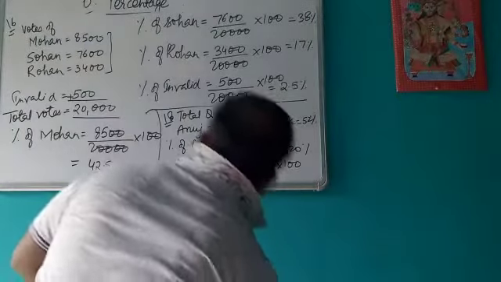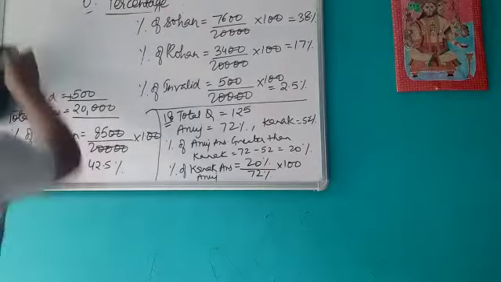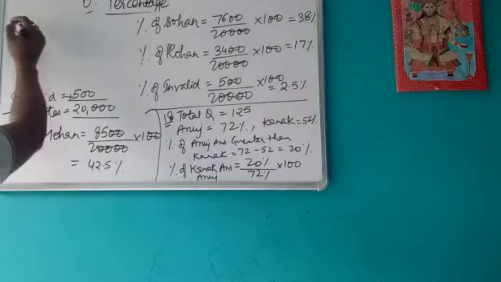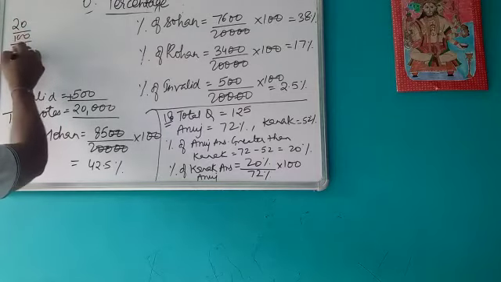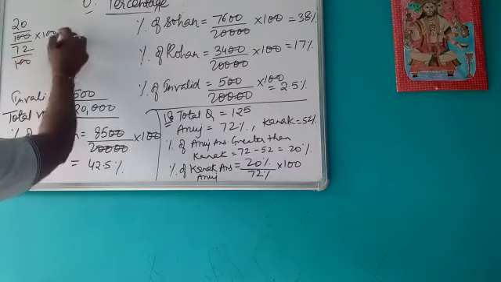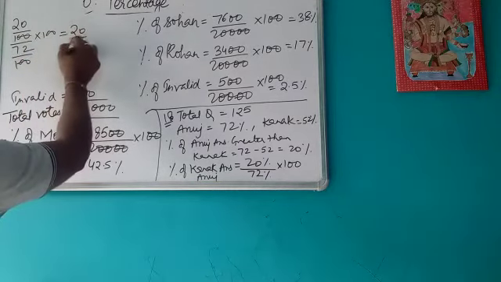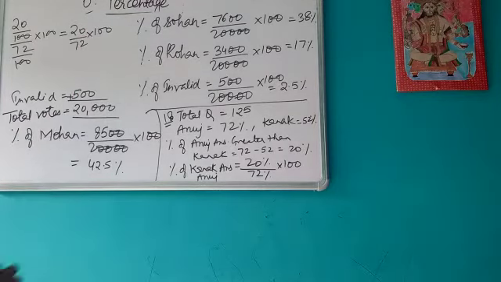Okay. So when you calculate, what you will get? You will get 20 upon 100 upon 72 upon 100 into 100. So it will cancel out. It will be 20 upon 72 into 100.